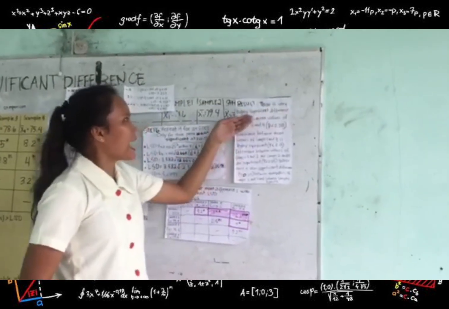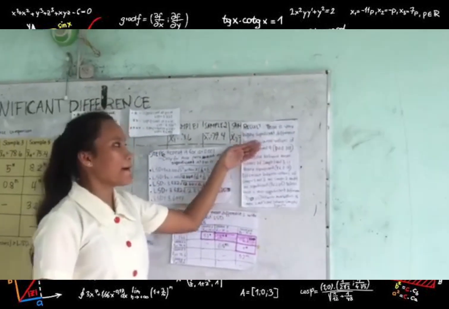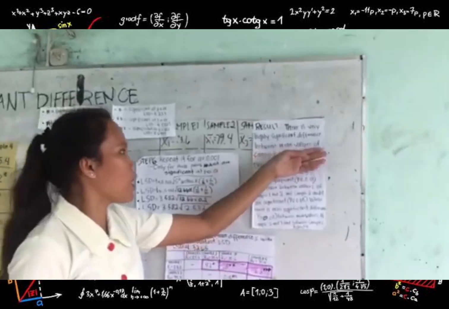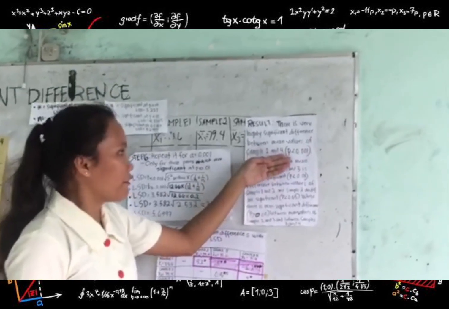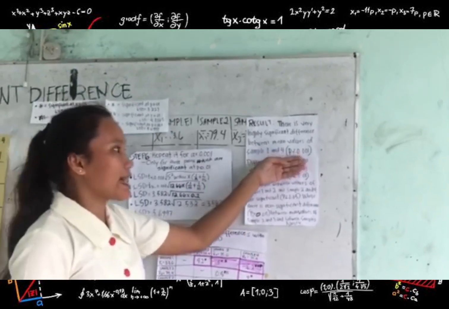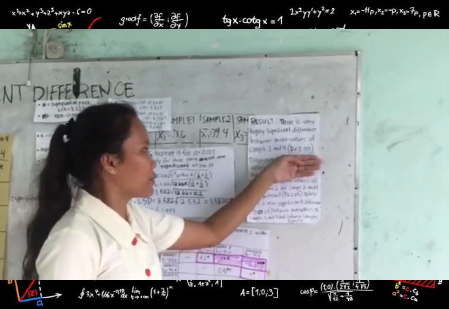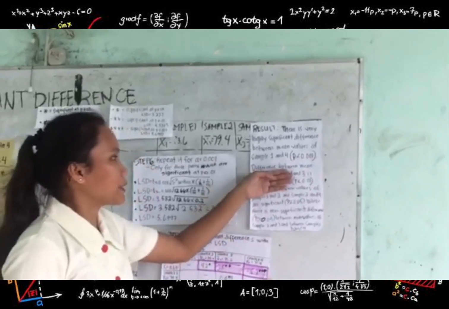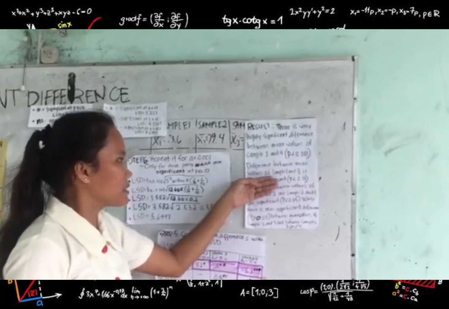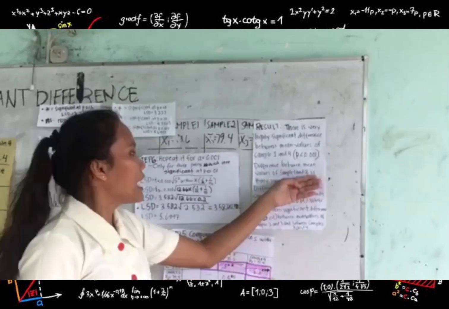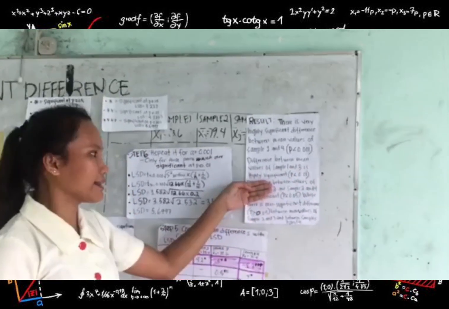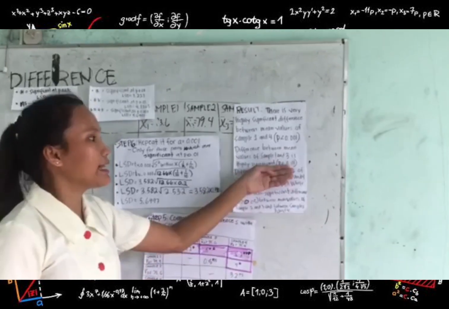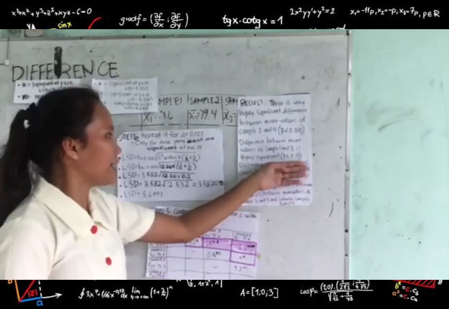There is a very highly significant difference between mean values of sample 1 and 4, probability less than 0.001. The difference between mean values of sample 1 and 3 is highly significant, probability less than 0.01.